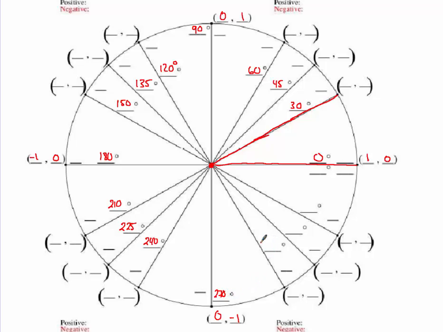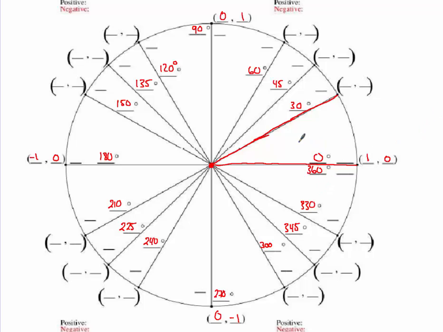So 270 plus 30, 300. 270 plus 45, 315. And last one, 270 plus 60, 330. And if we finish going all the way around a circle, we would have gone 360 degrees.